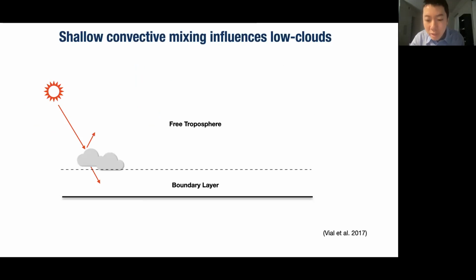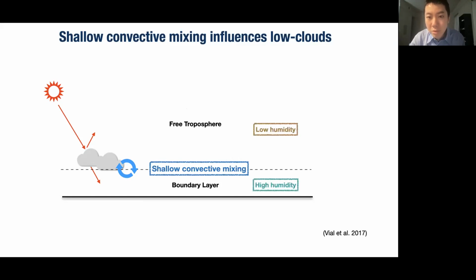For governing the low cloud activity, one important physical process is shallow convective mixing. Shallow convective mixing is a mixing between the free troposphere and the boundary layer. So it exchanges the air between these two layers. These two layers have very different properties.